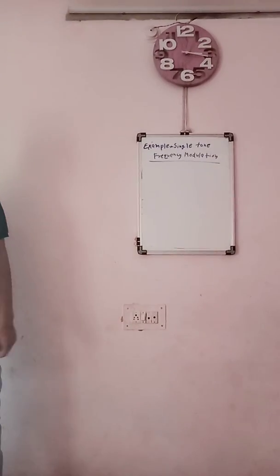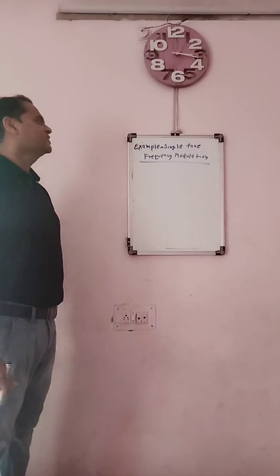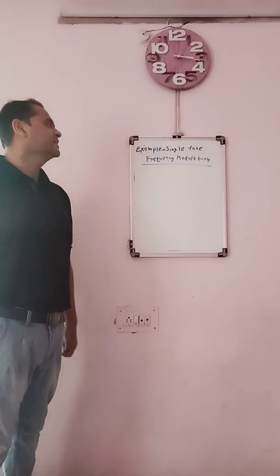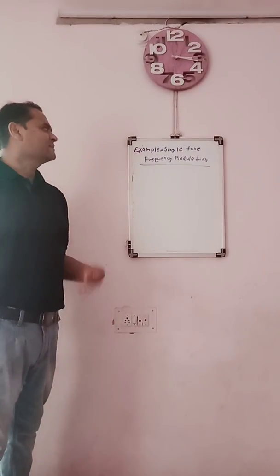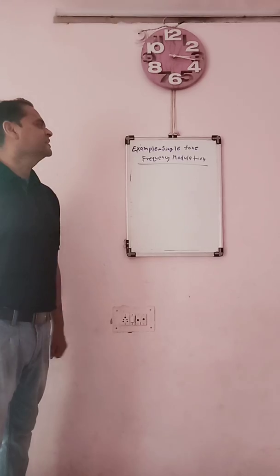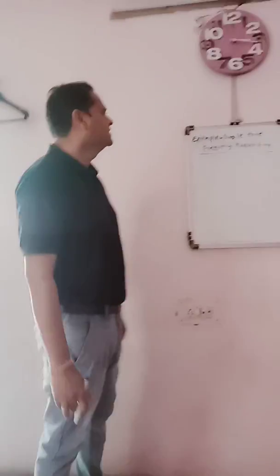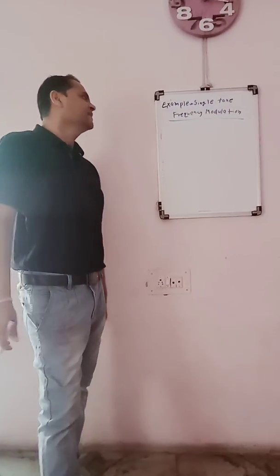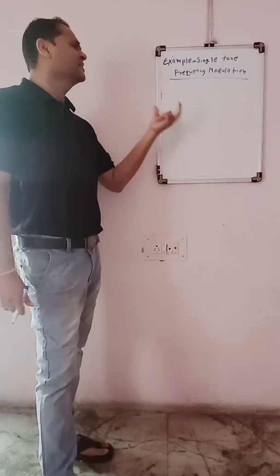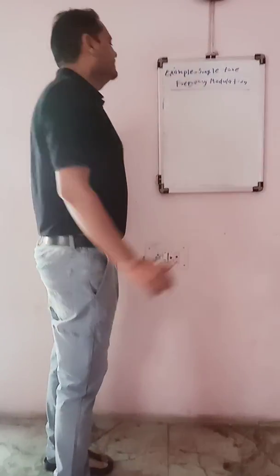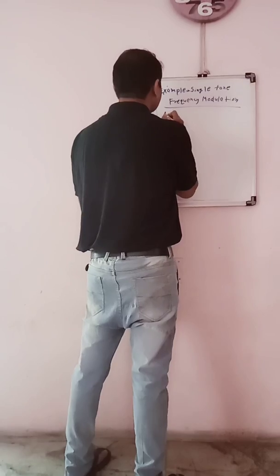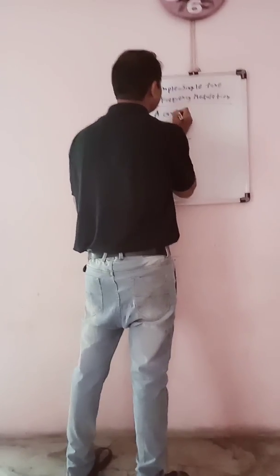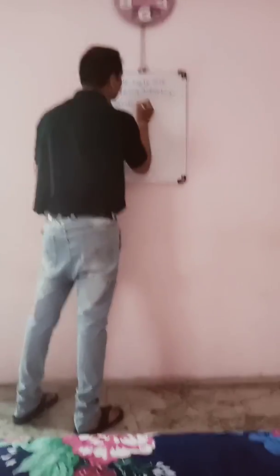What I am going to do here is take a single tone frequency modulated signal, expressed by some expression, and then find the expressions. We will have a carrier. What is a carrier? A carrier is A cos omega_c t.